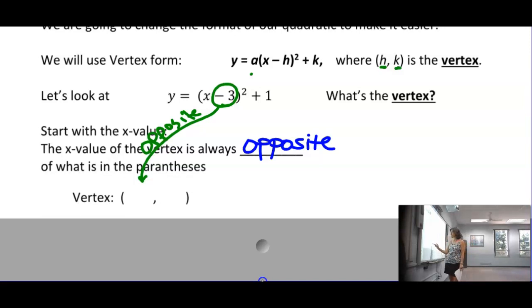So what's opposite of negative 3? 3. Okay? Your y value of your vertex is always the same. So what's that? That's 1. So my y value of my vertex is 1. Okay? Great.